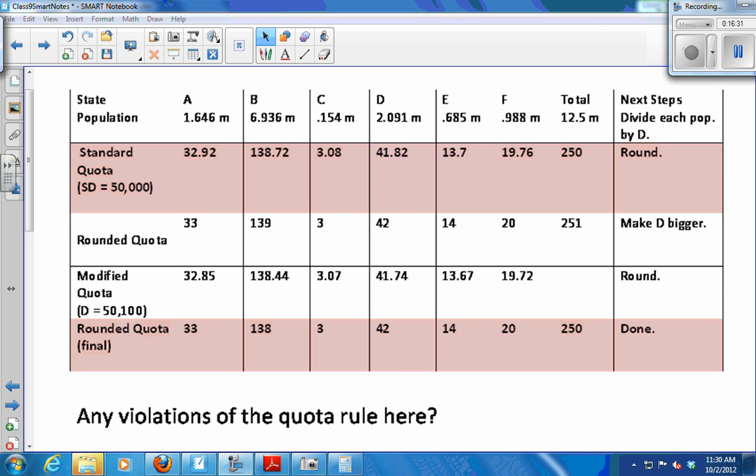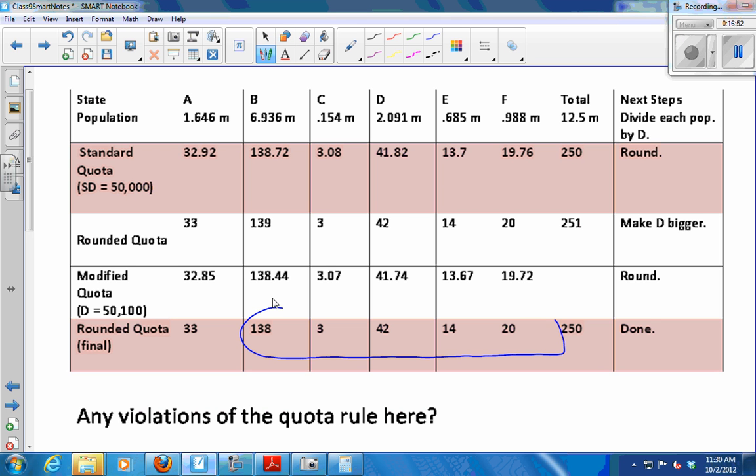So I have it written out here what I did. I used 50,100. There are lots of D's that'll work. I saw 50,200, 50,250, and 50,300 all worked. They all give you the same final apportionment of this: 33, 138, 3, 42, 14, 20.